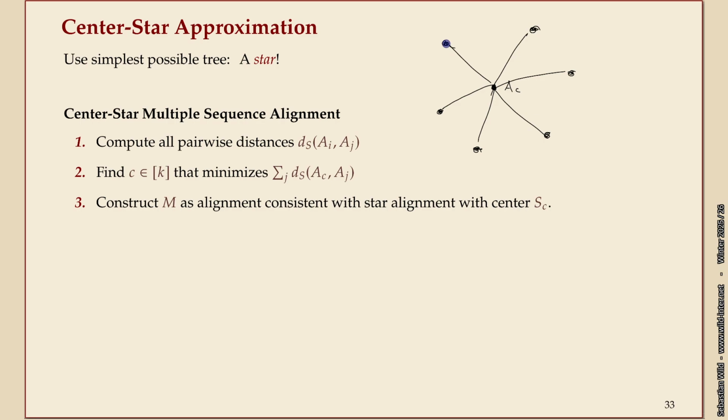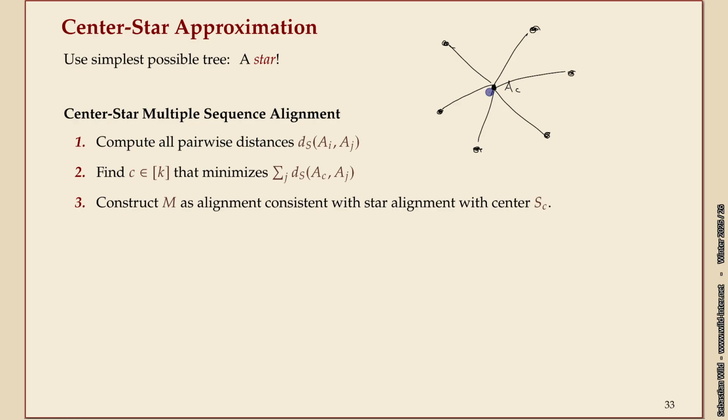And then we can construct our multiple alignment following the previous algorithm by essentially merging in one leaf of the star at a time. I think the algorithm is fairly simple. All you're doing is compare pairwise alignments.